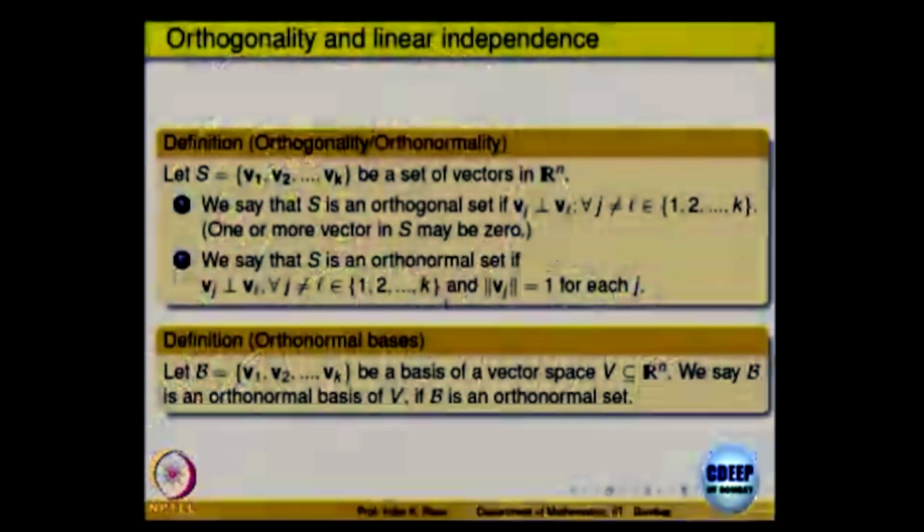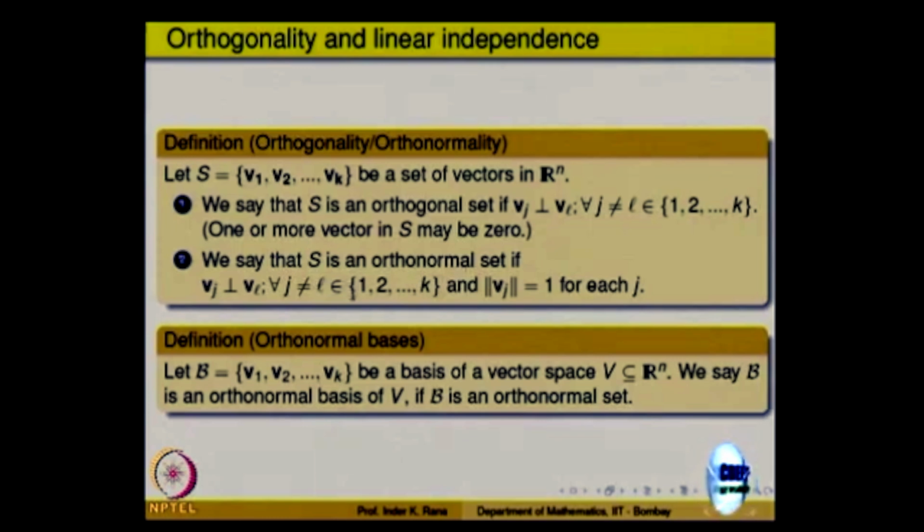And then orthonormal. Orthonormality is different from orthogonal essentially. Orthogonal is perpendicular to each other, and orthonormal says not only is it orthogonal, something more: the norm of each vector is 1, magnitude is equal to 1.